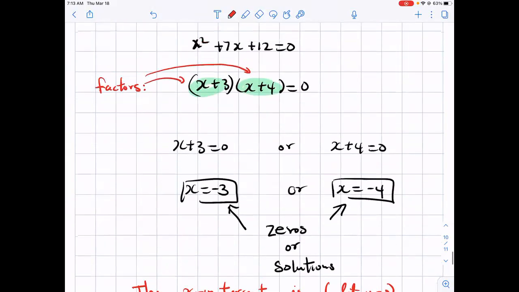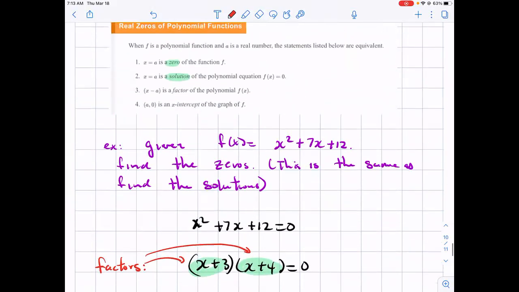You're familiar with this; it's just that the terminology, these are new words. Zeros, a new word for you.